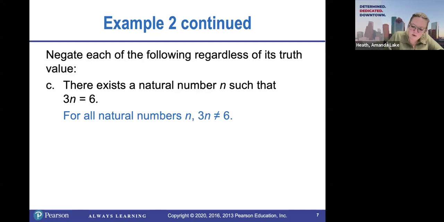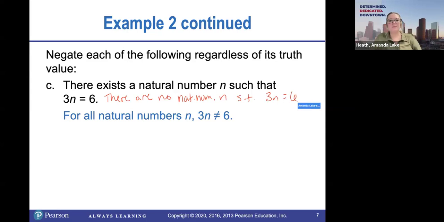And this is equivalent to saying there are no natural numbers n such that 3n equals 6. That's the same thing as for all natural numbers n, 3n does not equal 6.